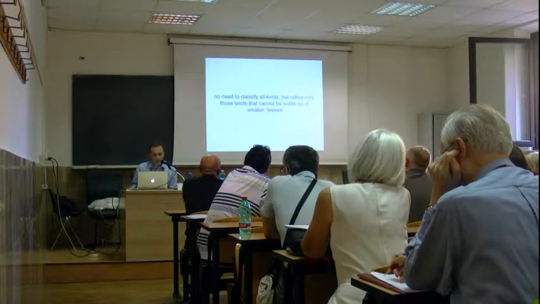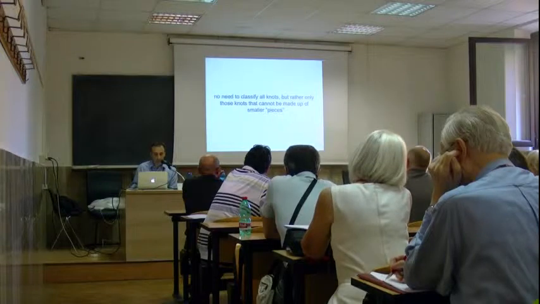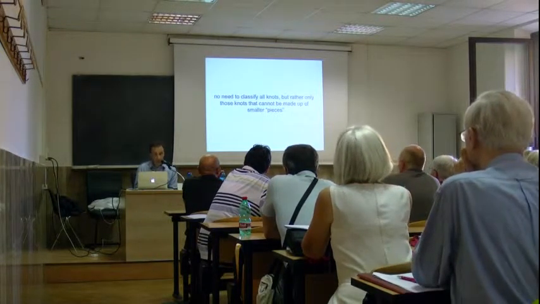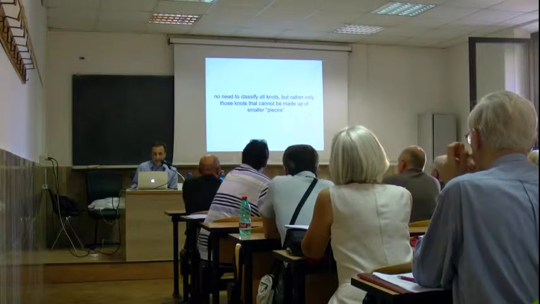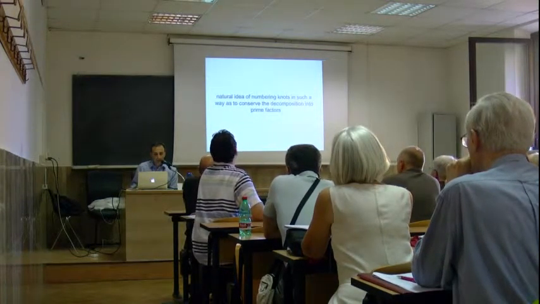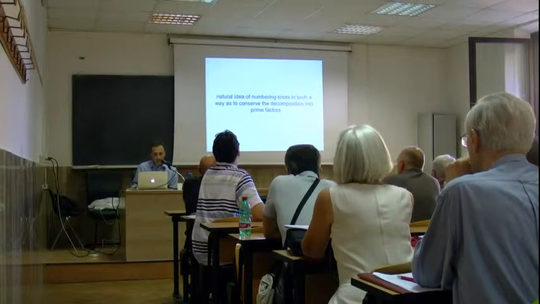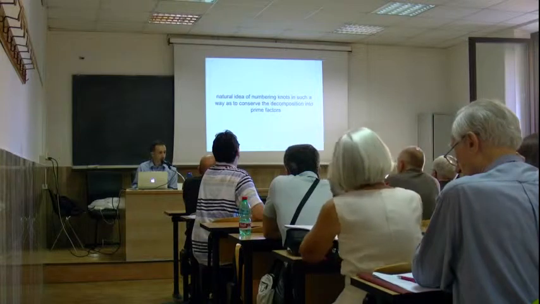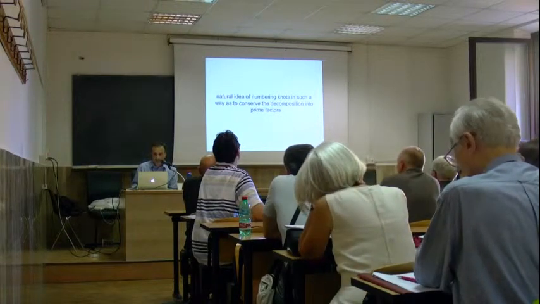So this technique has the advantage that it does not require classification of all knots, but rather only those knots that cannot be made up of smaller pieces, so to say. So it draws on the natural idea of numbering knots in such a way as to conserve the composition into prime factors.